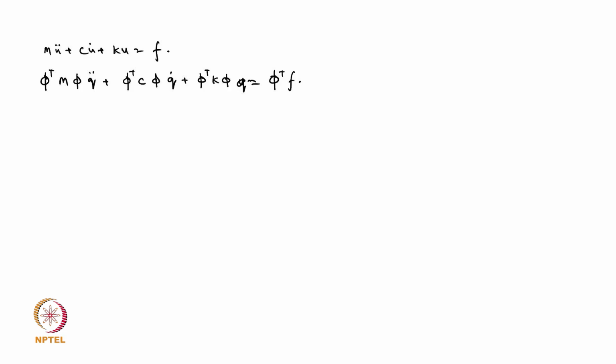Just think you are not using the mass normalized mode, just using the normal eigenvalues and eigenvectors. Then this will be like M_r q_r double dot plus something with c, plus c into q_r dot plus something into k_r into q_r equal to phi.